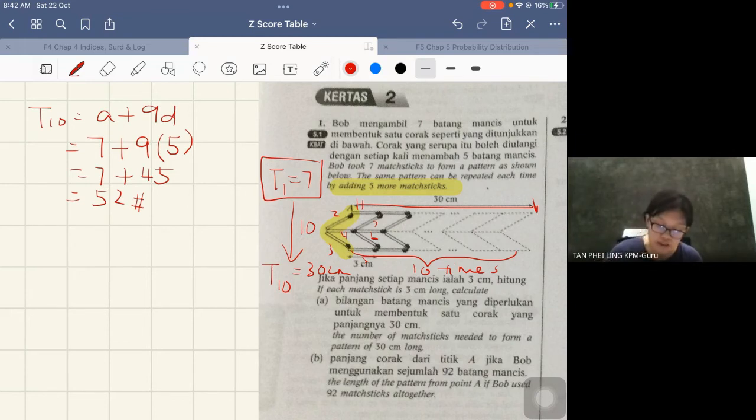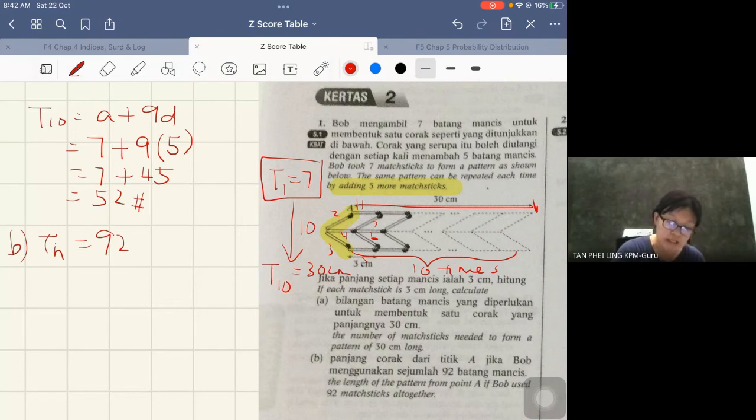Okay, so in this case for 92, you will first find out what is the term. Because you know that T1 is the first term. Then each subsequent term you add 5, right? So this is AP, and for the nth term to reach 92, you are using A, which is 7 again.